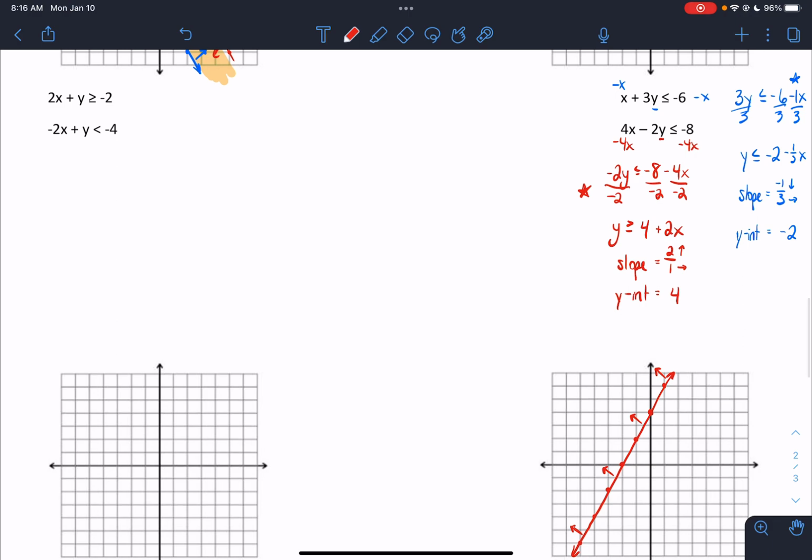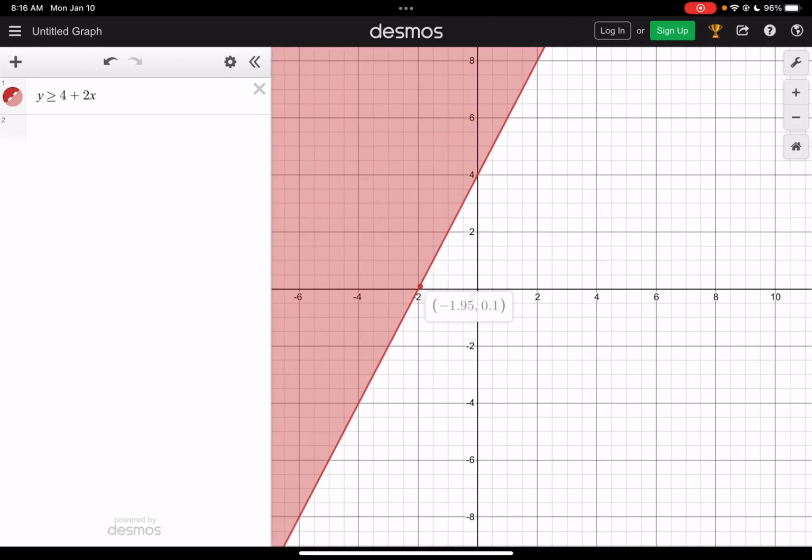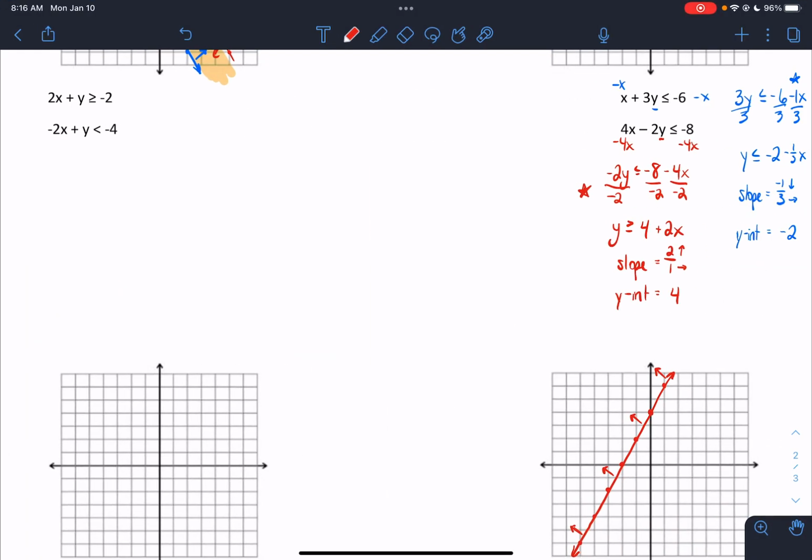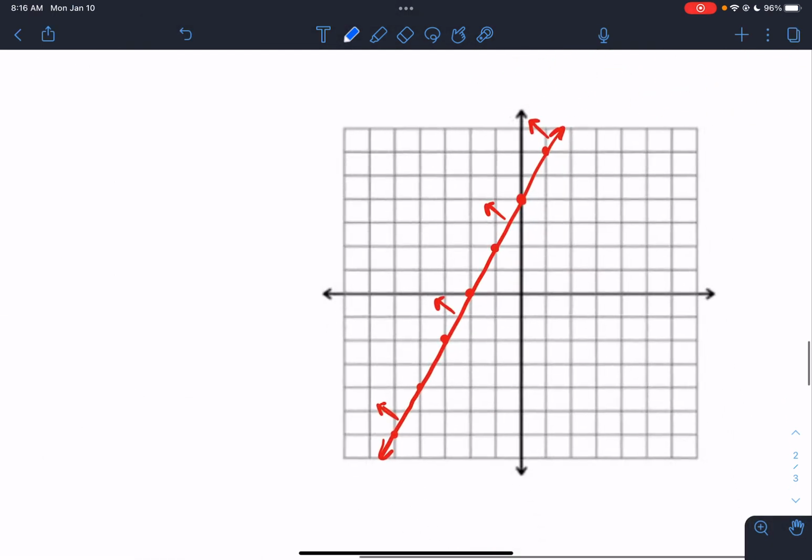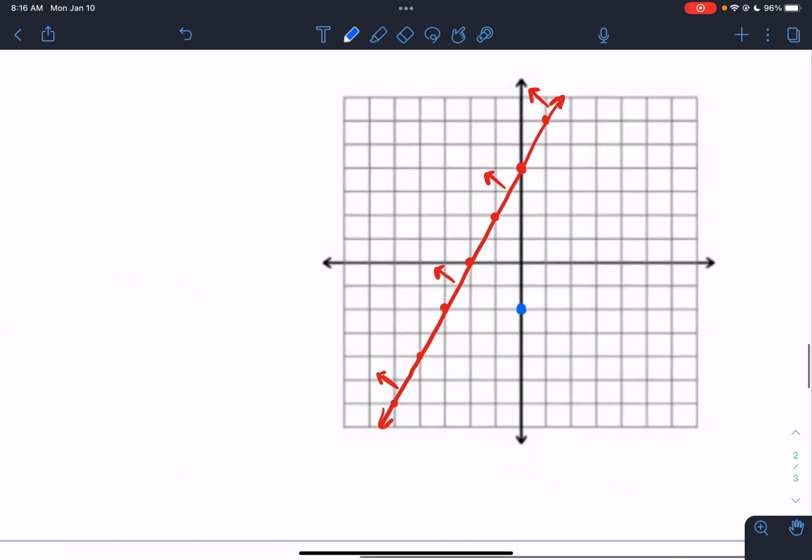Then with the other one, let's see, my blue line here, y-intercept of negative 2, and then a slope of negative 1/3. So down 1 right 3, down 1 right 3, and also reverse the direction.